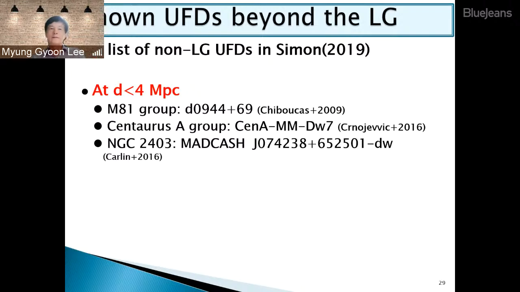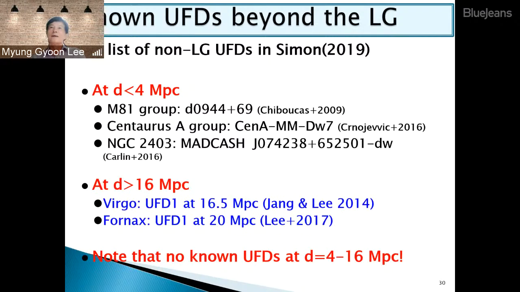However, we have more. At a distance larger than 60 megaparsec, one was found in the Virgo cluster and another one found in Fornax. And there are no known UFDs between 4 megaparsec and 60 megaparsecs so far. But you can imagine there will be thousands of UFDs in these ranges.